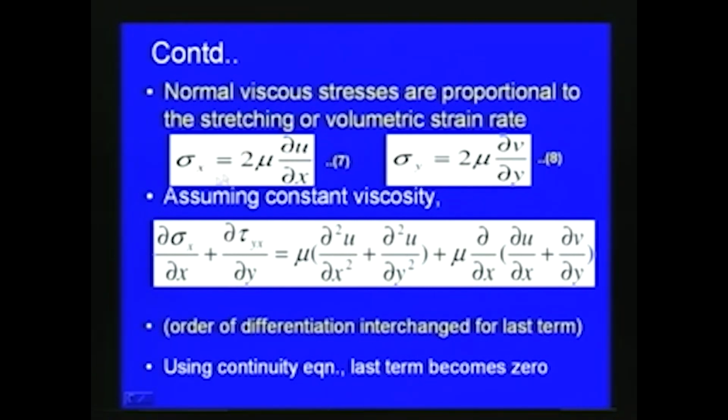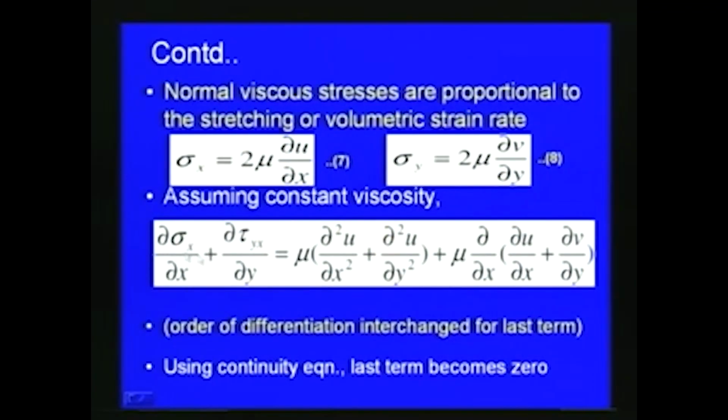So, we can write the normal stress component in x direction, sigma x, is equal to 2 mu del u by del x, as in equation number 7, and sigma y is equal to 2 mu del v by del y, as in equation number 8. So, let us assume, for the case where we consider the incompressible fluid flow, the viscosity as constant.